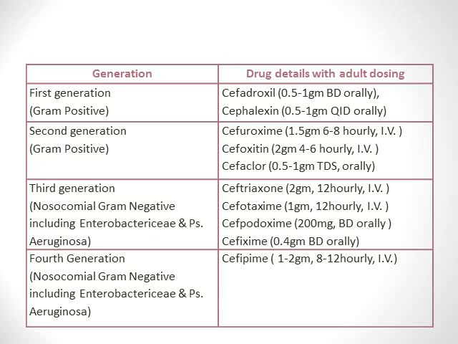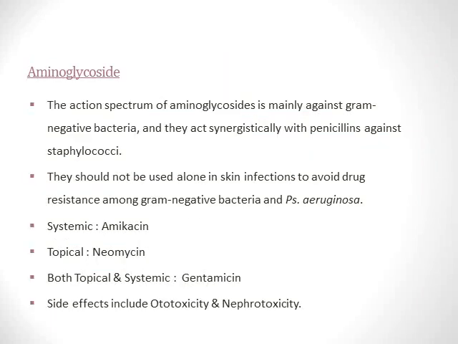We also use cefuroxime, 1.5 gram 6 to 8 hourly IV, as a second line drug, and cefixime, 400 milligram BD orally, is also used in most skin infections. But most of the time it is the penicillin group of drugs, and then as a second line we use cephalosporins.